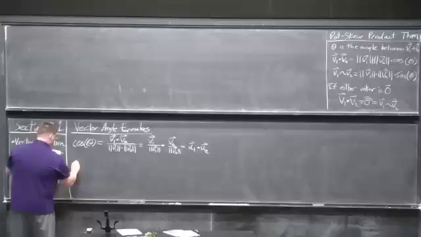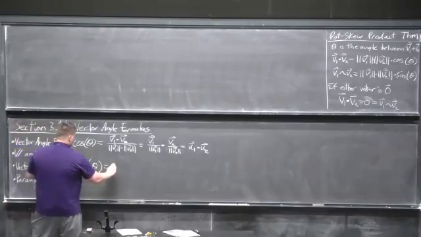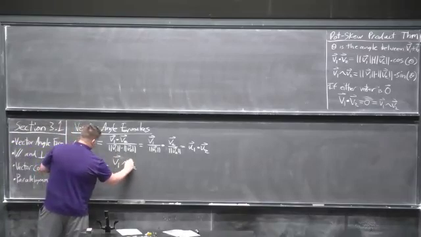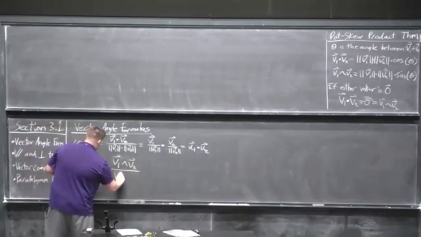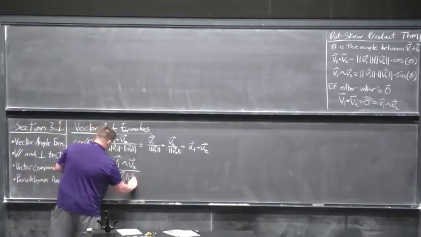We can write down sine theta as V1 skew V2 divided by magnitude of V1 times the magnitude of V2.